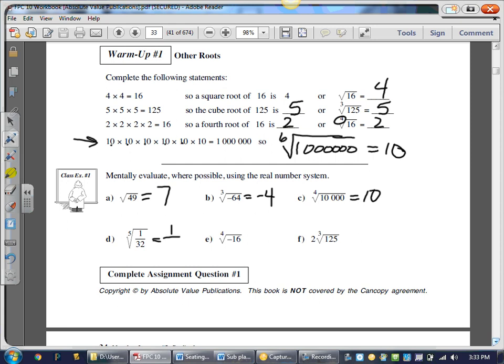Then the 5th root of 32 is a 2. So fractions are okay. How about the 4th root of negative 16? Are you allowed to take the 4th root of a negative number? No, you're not. No 4 numbers equally the same will ever give you a negative number. So this is not possible.